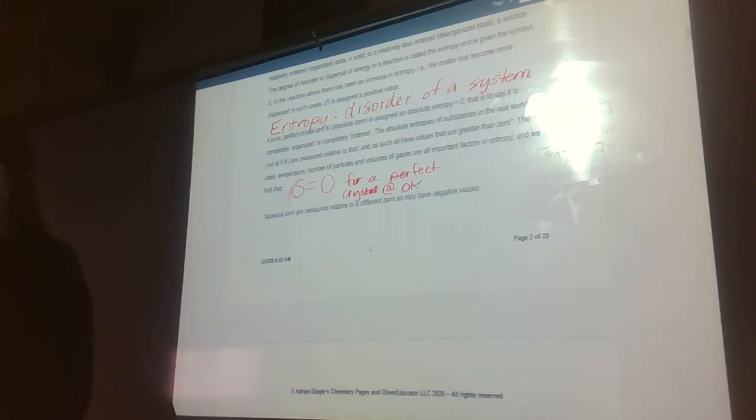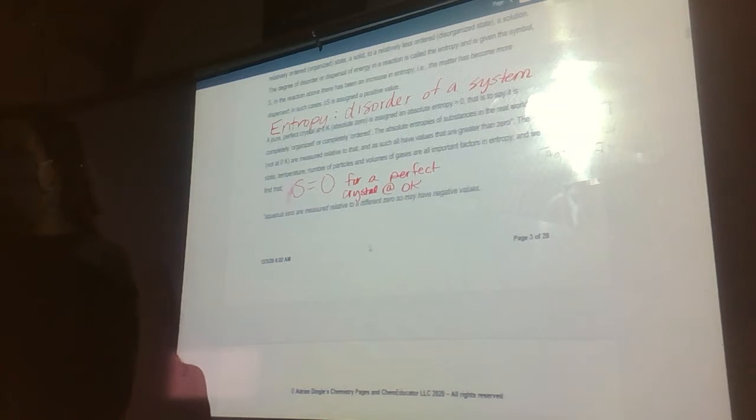A very rigid, perfect pattern. Crystal structure. And if you make it at 0 Kelvin, are those carbon atoms moving? Not at all. There is absolutely no disorder in the system. It doesn't exist. But that's kind of how we're trying to define entropy.